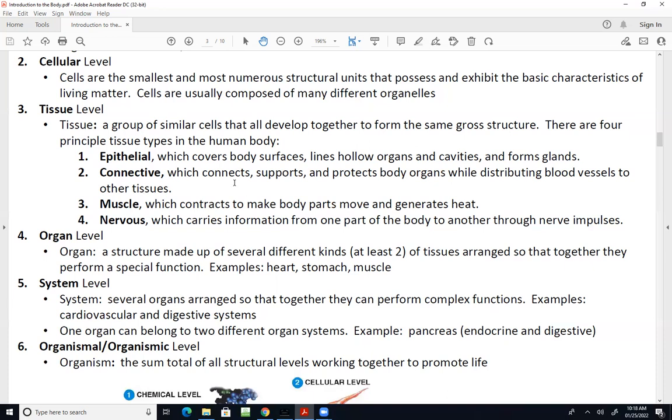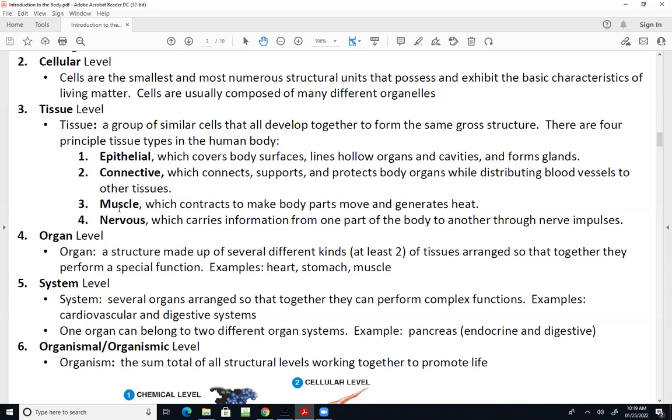Connective obviously connects, it's the name, but it also supports and protects body organs and distributes blood vessels to other tissues. There's a lot of different connective tissues. You know, blood is a connective tissue, so is your fat, so is cartilage. So there's a lot of variability there. There's 3 different types of muscle. When you think of muscle, you're probably going to think of the muscles that move our body, like when you walk across the room or you jump up and down.